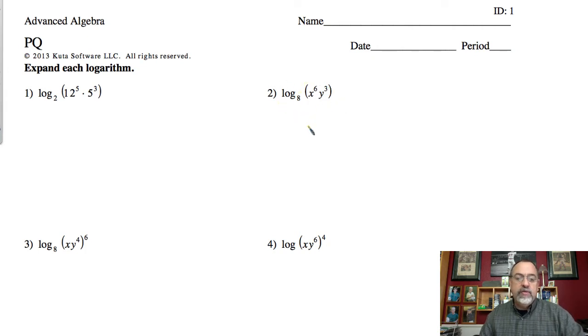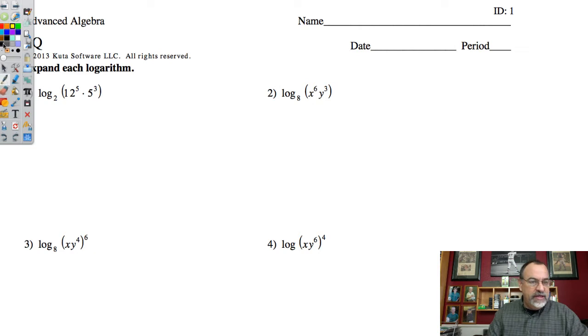Now that's probably the more important part of the lesson, because when we go to solving logarithmic equations, we're going to need to take multiple logarithms, condense them down into a single logarithm, because we need to change it to its exponential form in order to determine the value of x. So they go from easier to harder, so you can watch a couple if you think you have it and move forward and stop, whatever fits your needs. So let's go ahead and tackle these.